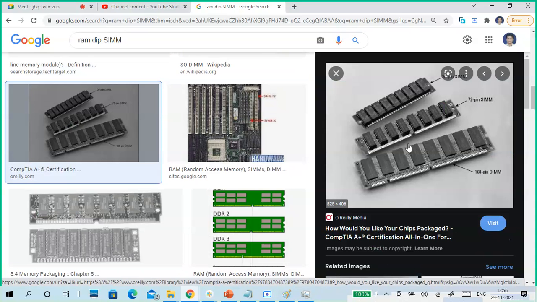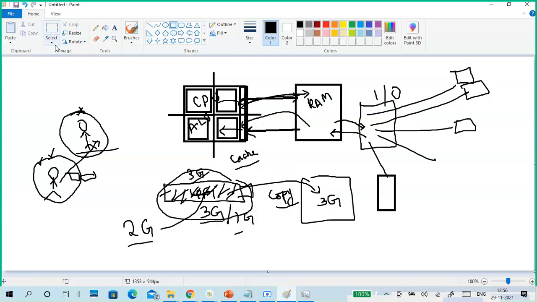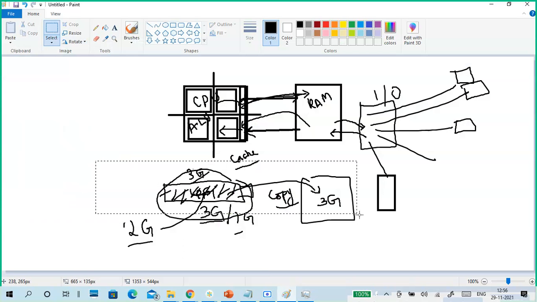In the backside also pins are there, but those are not different pins from this 1 to 72. But if you see this 168-pin DIMM, half of 168 is 84, right? So 1 to 84, then 85 to 168, like that.